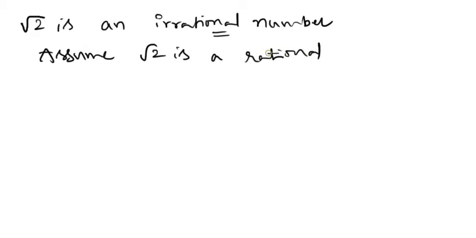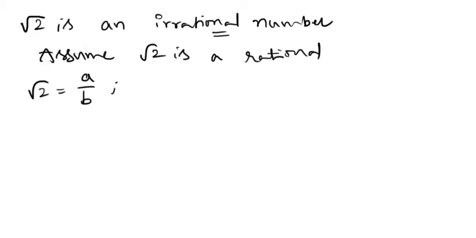As we assumed that root 2 is a rational number, we can write this in the form of R by S, A by B, P by Q, whatever it may be. So let us assume that root 2 is equal to A over B. Here A and B are co-primes.